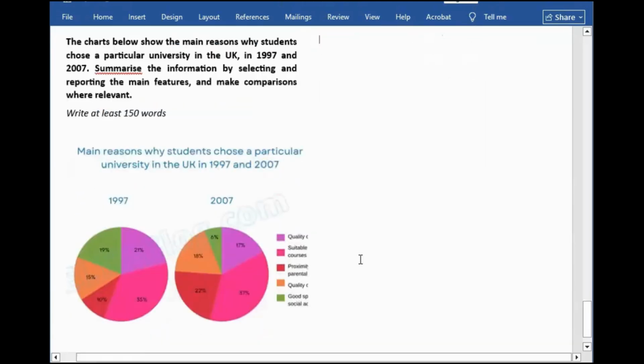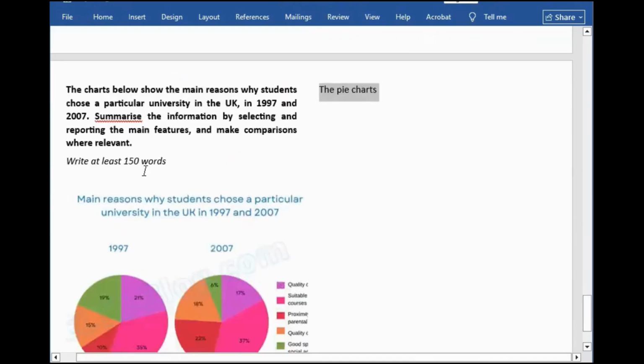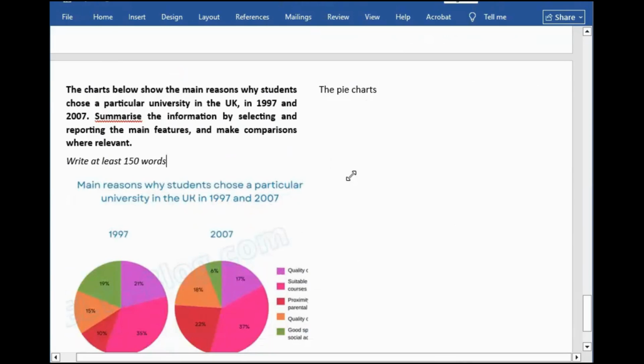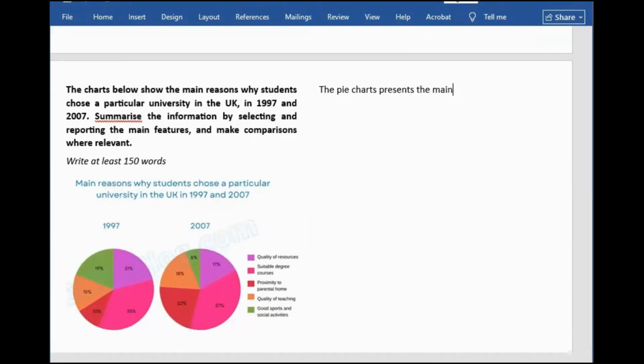So how do we write our introduction for this one? The pie charts present the main reasons why students enrolled to study in a particular university in the United Kingdom in 1997 and 2007.